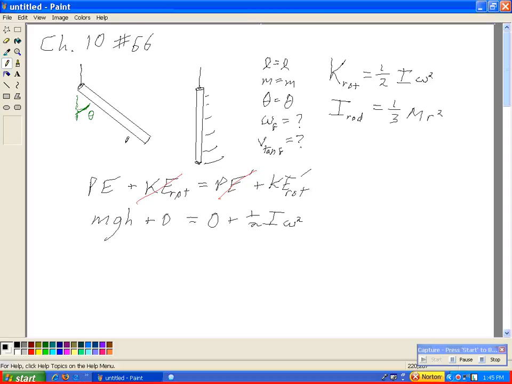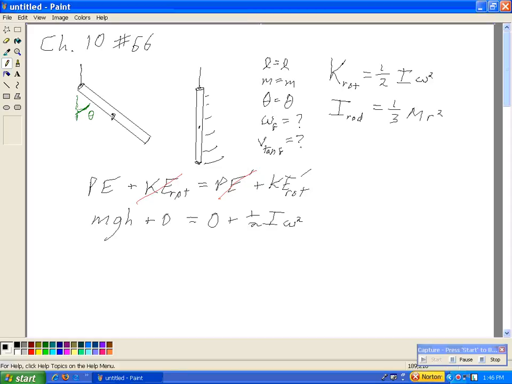The height. What is the height? Well, whenever we look at the change in height, we're always doing it from the center of mass. So it doesn't change all that much, right? From here to here down below.